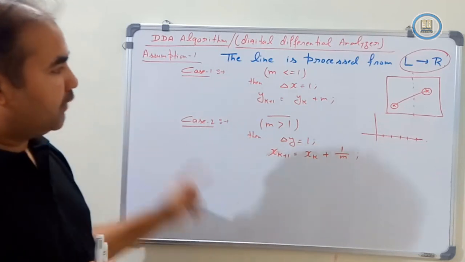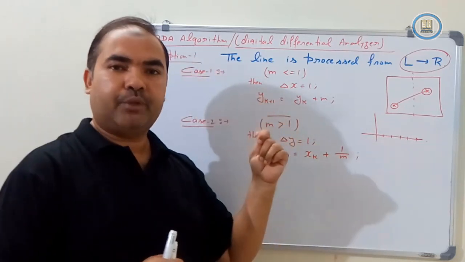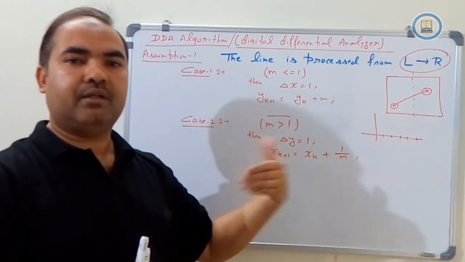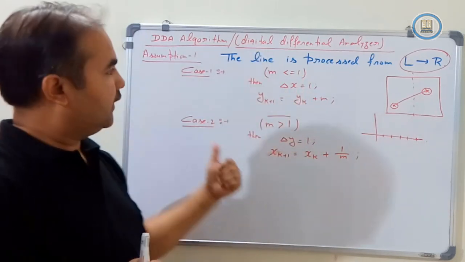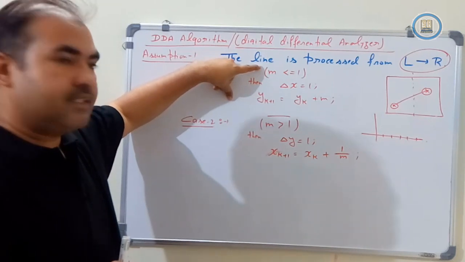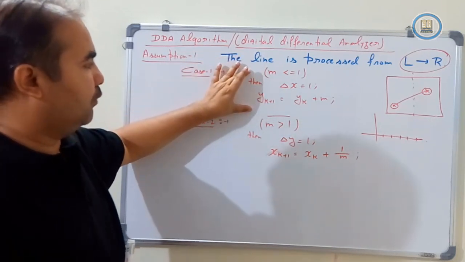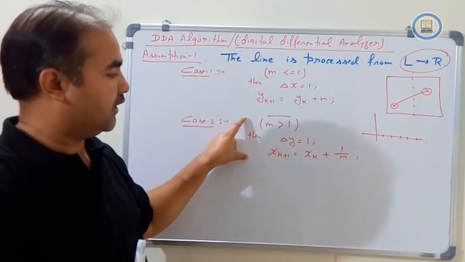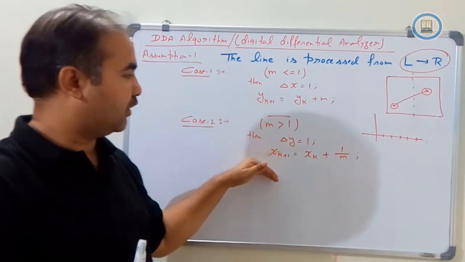So 2 things should be clear: the positions of the starting point and the ending point, and the value of m. If m is less than 1, we follow the first equation. If the value of m is greater than 1, we follow this equation for computing the point.